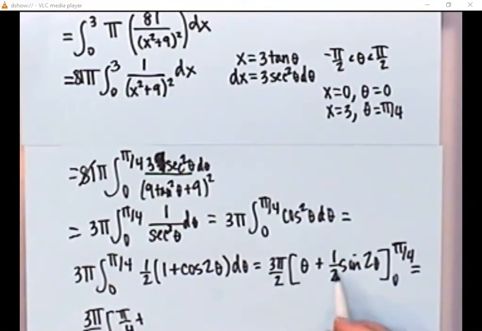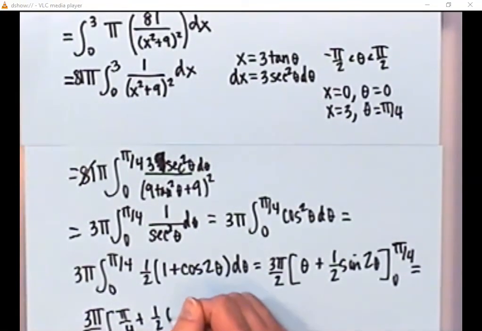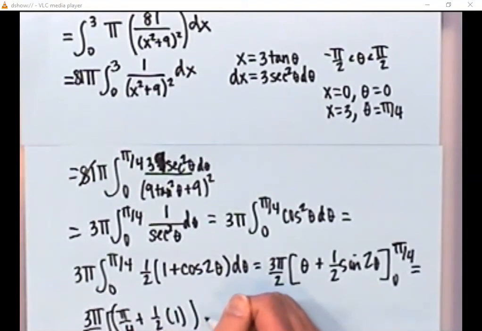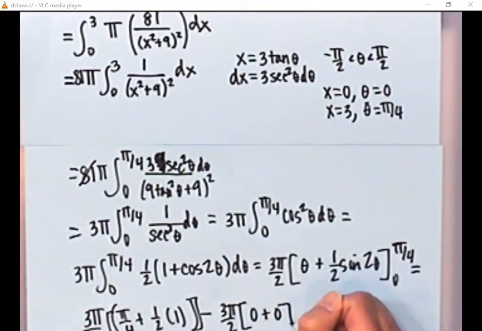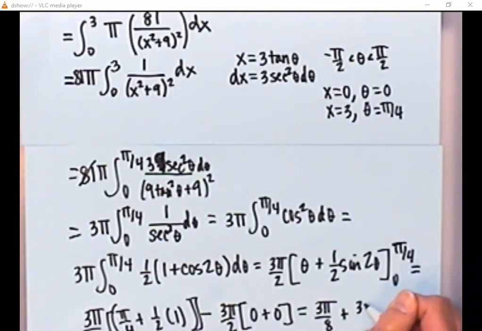Plus 1/2 sine of pi over 2, plus 1/2. Minus, I think the rest of these will be 0. Yep, so 3 pi squared over 8 plus 3 pi over 4.